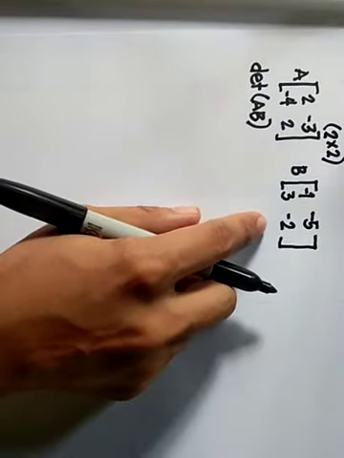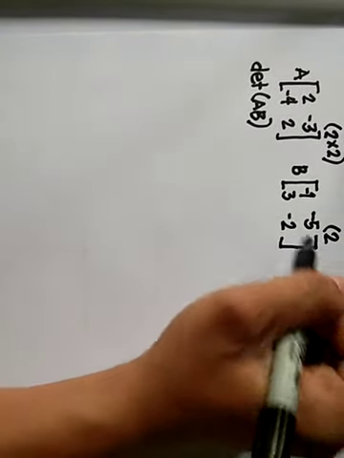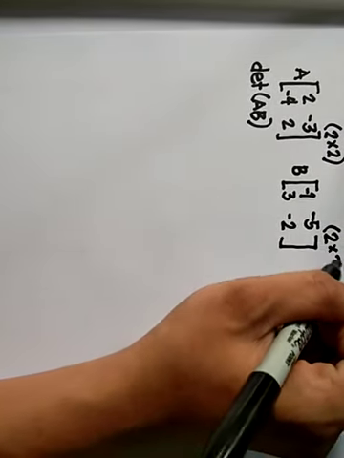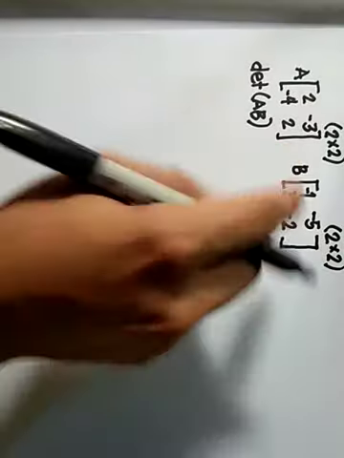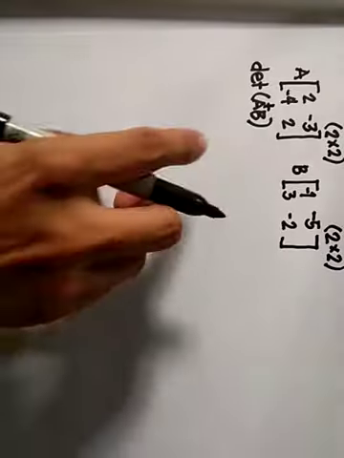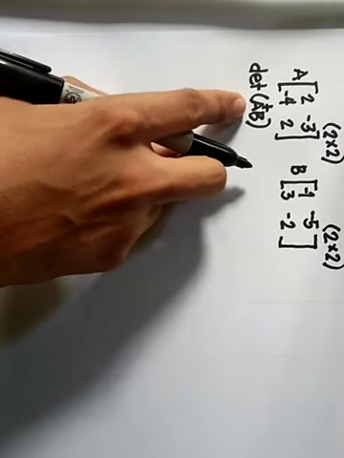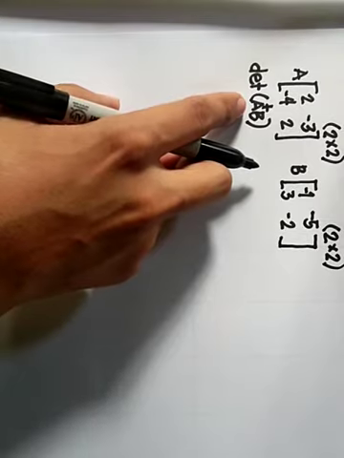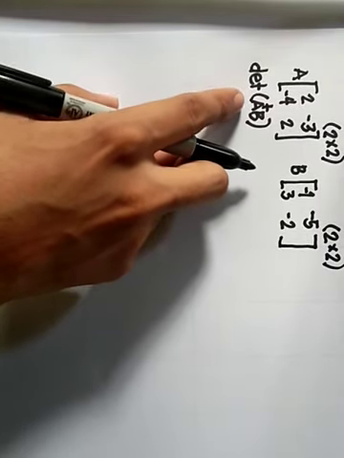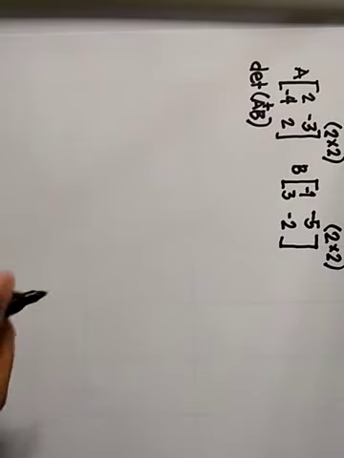And for our matrix B, ang rows niya is 2 also, and yung columns niya is 2 also. So, that is why they can be added. Diba? So, this is A plus B. So, determinant of A plus B.